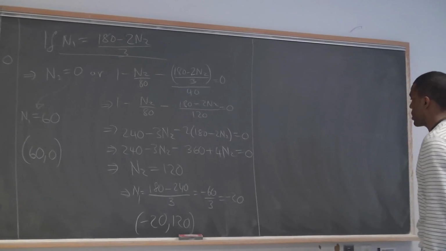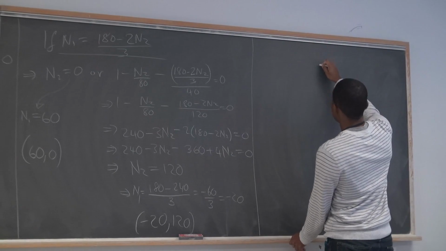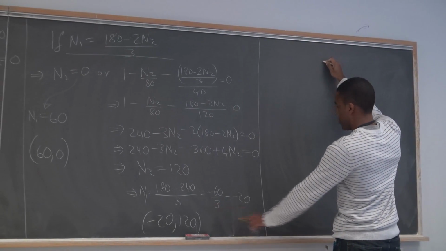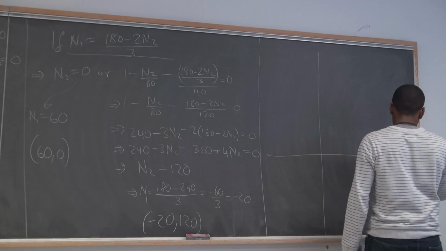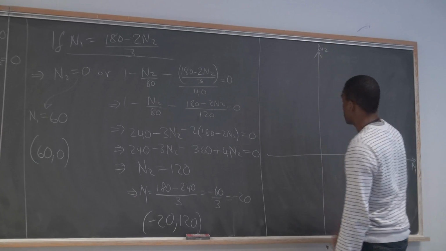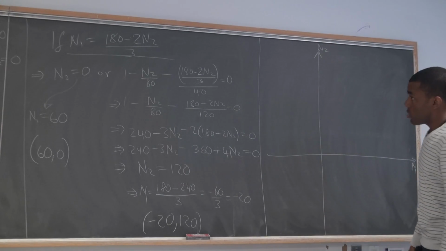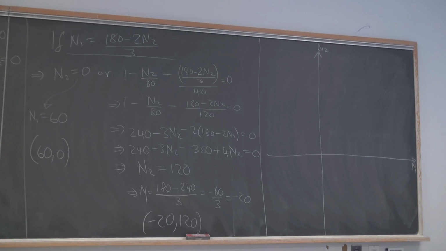And with that, we can sort of draw a diagram. So now we draw the null clines, right? So what do we look for? Look at these guys here in brackets. The guys in brackets, you set them equal to 0 and you plot them. So you look at this one and you go like, what if N2 is 0?